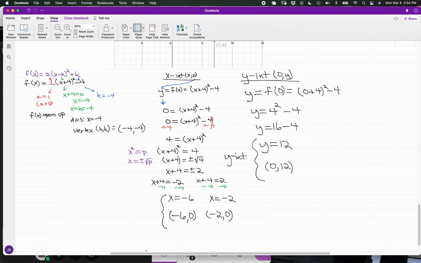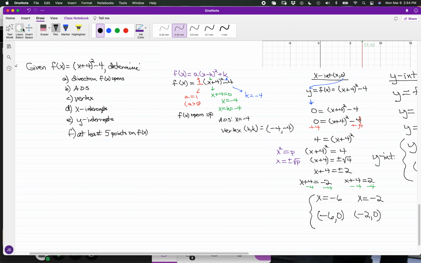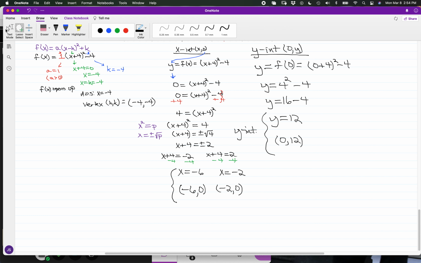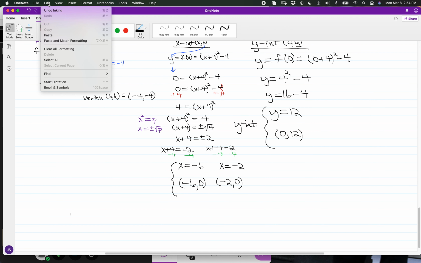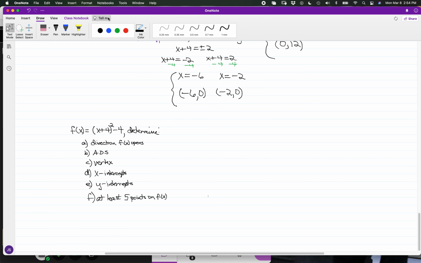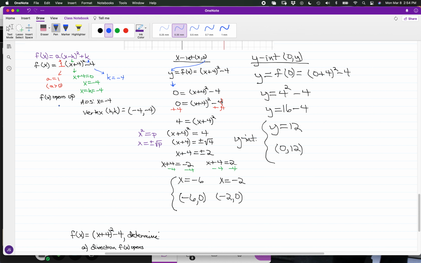So in the makeup of what we have for this particular quadratic function, looking at the breakdown, once again, for the direction that the graph opens, your a value was positive, so the graph opens up. Axis of symmetry, we have again that x is equal to negative 4.